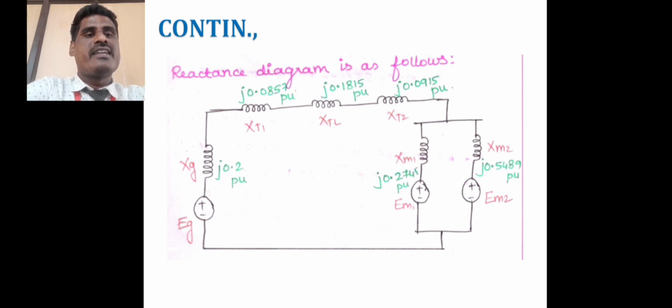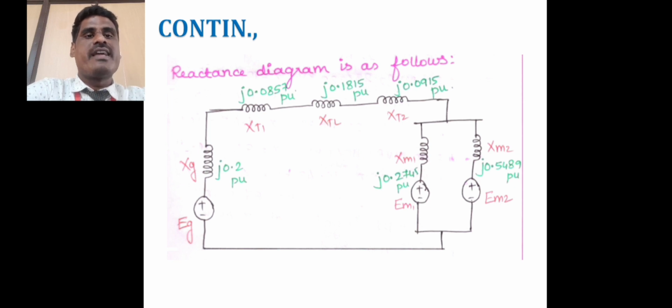So, I will summarize the overall problem. First, we calculate the individual sections of the power system, the HT values and LT values on the same network. Afterwards, we calculate the individual power system component values, that means generator value is calculated, transformer 1 is calculated, transmission line is calculated, transformer 2 is calculated and then motor 1 and motor 2 are calculated.